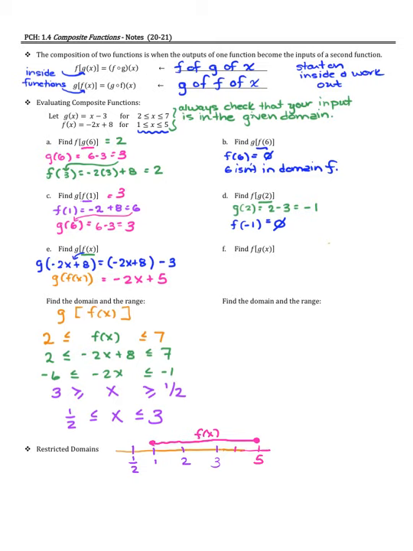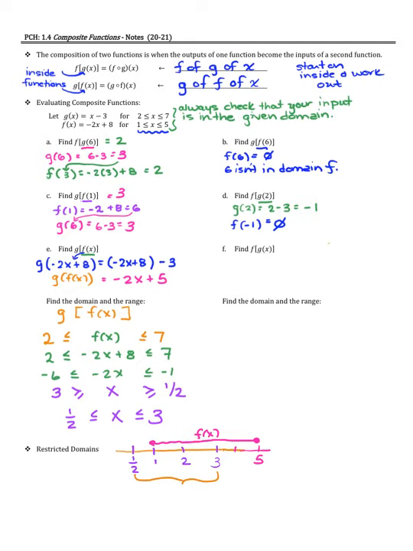But we just found a composite that went from 1/2 to 3. So what you are looking for is the overlap of those two, the inside function, which in this case was f of x, and the composition domain, and find that intersection.